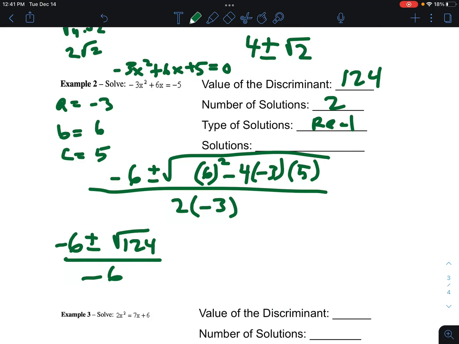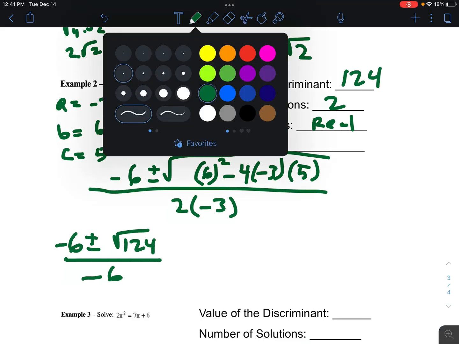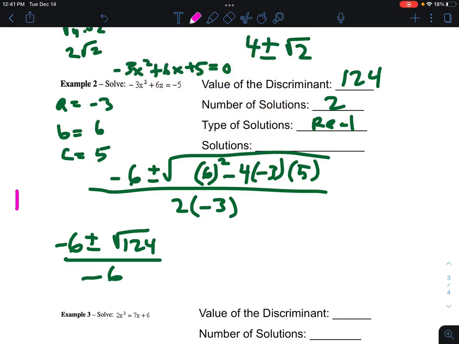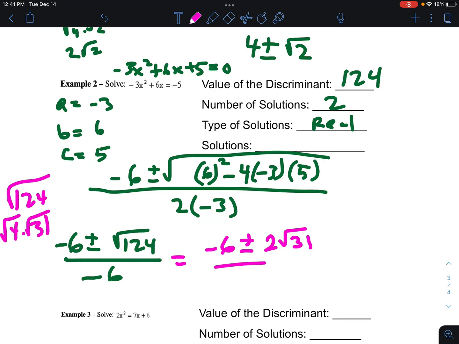And then now we got to look to break down our square roots. This is going to be 124. Breaks down into 4 times 31. 31 is a nice ugly number. So then this is going to equal -6 plus or minus 2 times the square root of 31 all over -6.